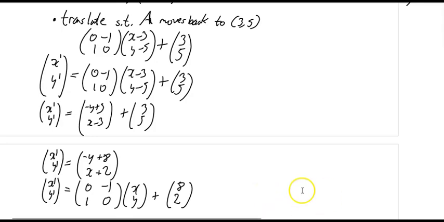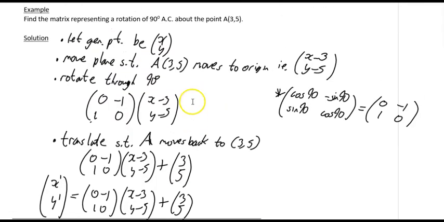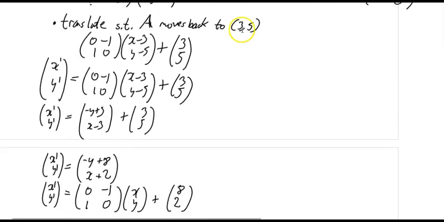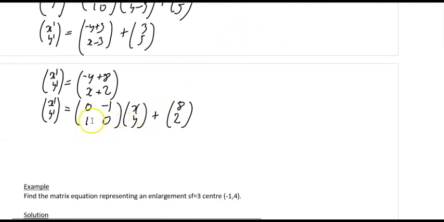So basically we have shown that our rotation of 90 degrees anti-clockwise about the point (3, 5) is equivalent to rotating anti-clockwise 90 degrees about the origin and then translating by the column vector (8, 2). But this always happens. If you do not believe me, folks, multiply this out and multiply that out and then add the (8, 2), and you'll see you do get this thing. It does work.